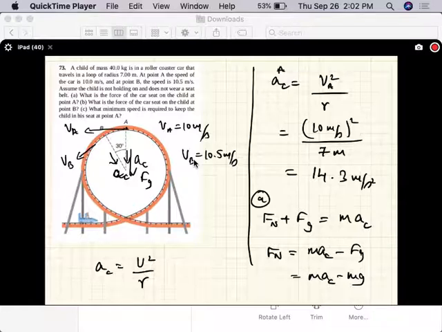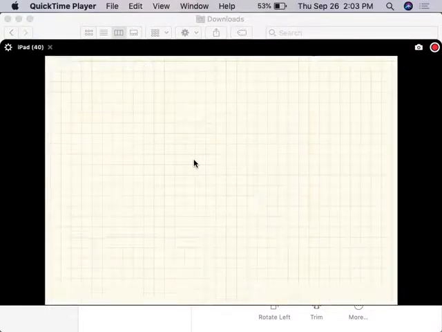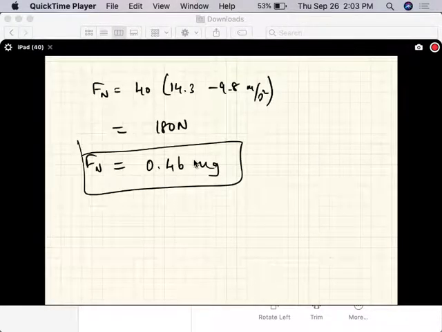What is the force of the car seat on the child at point B? Point B is a little harder, so let's do that.